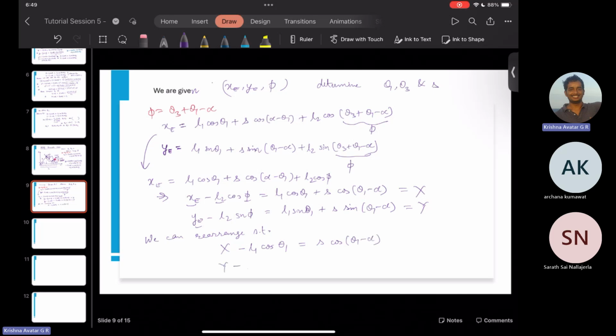Likewise, Y minus L1 sine theta 1 is equal to S into sine theta 1 minus alpha. From here, we divide the first equation by the second equation.